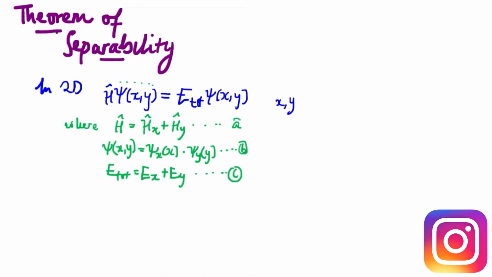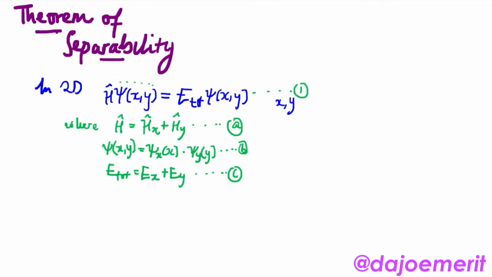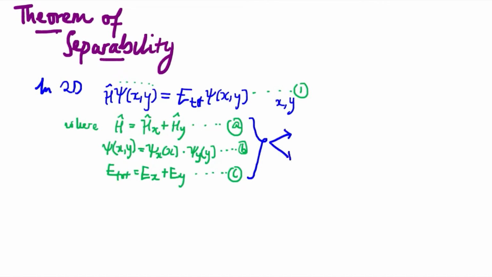Making this number one, what we recognize in these three is that we can separate our Hamiltonian operator, or the Schrödinger equation, into two variables.